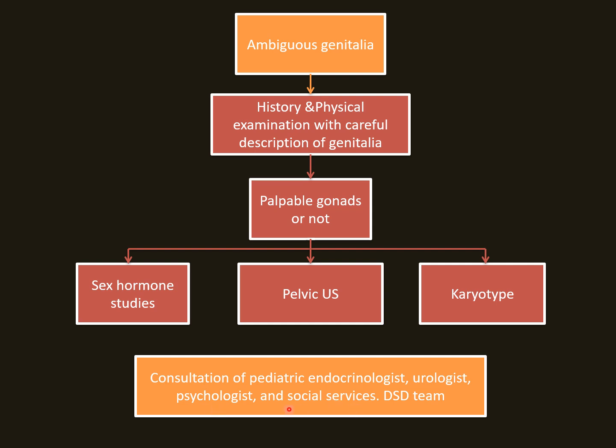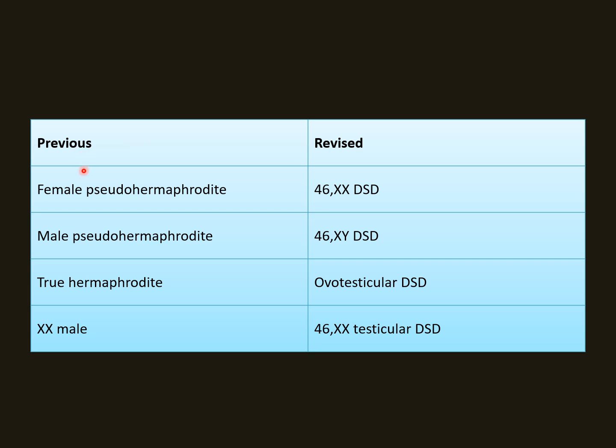It is a really difficult, complicated situation. It needs a team with experience in disorders of sexual development. Here is just a reminder of the new terms for ambiguous genitalia. Hermaphrodite is not used anymore. What is used now? Disorders of sexual development instead of hermaphrodite.